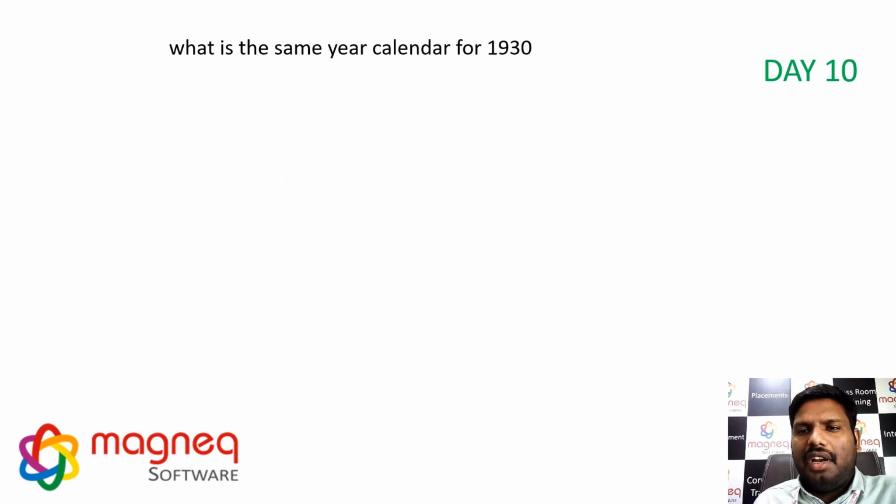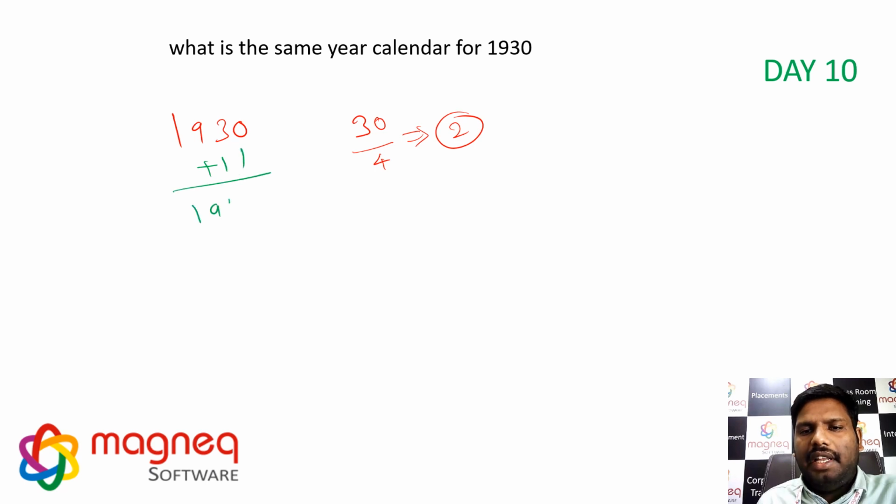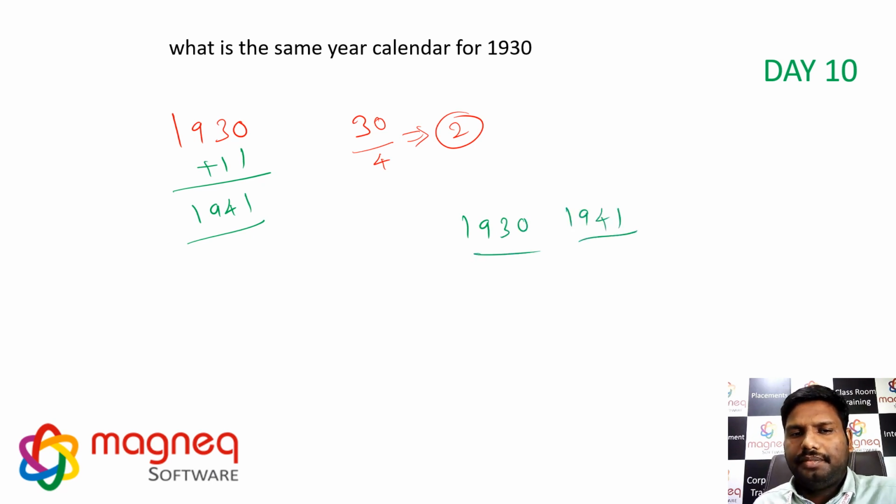What is the same year calendar for 1930? 30 by 4, remainder 2. Remainder 2 means plus 11, 1941. The 1930 calendar and 1941 calendar are both the same.